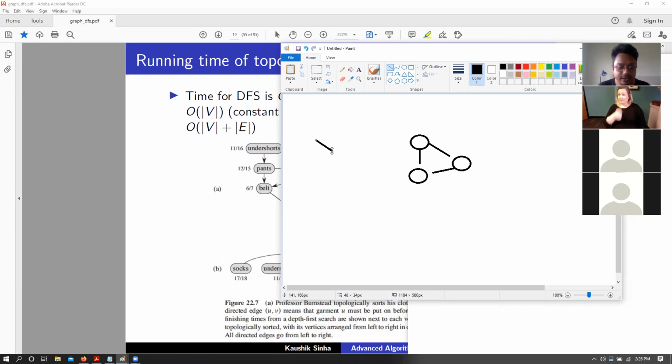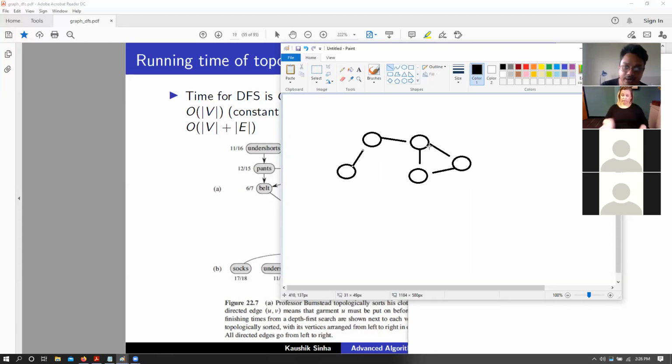Now let's say that I have this other node and this other node that we need to take care of. Now let's say that we have this particular node that connects directly to this node here, and we have this particular node that connects directly to this node here.